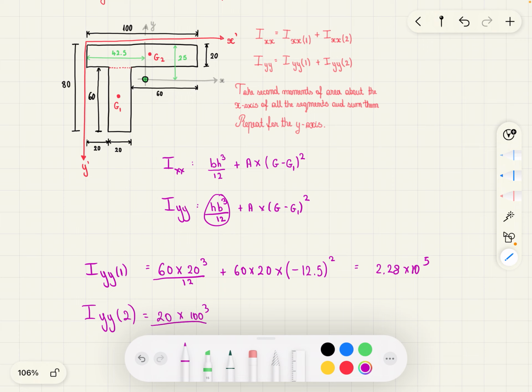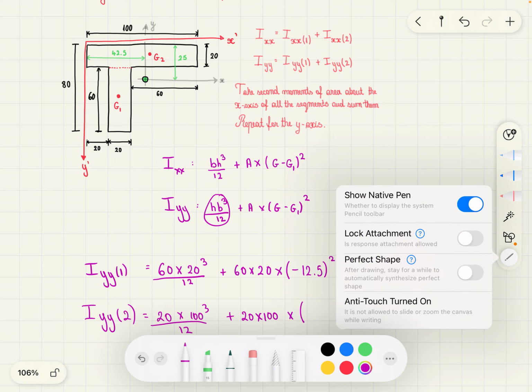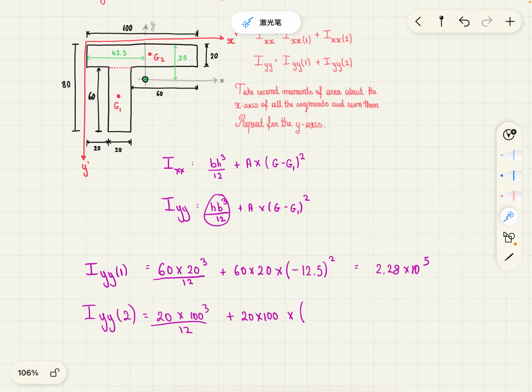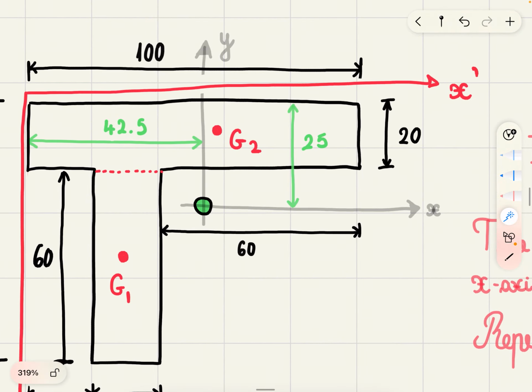So 20 times 100 cubed over 12 plus the area of 20 times 100 multiplied by the distance from G to G2. Let's zoom in a bit. So from here to here.